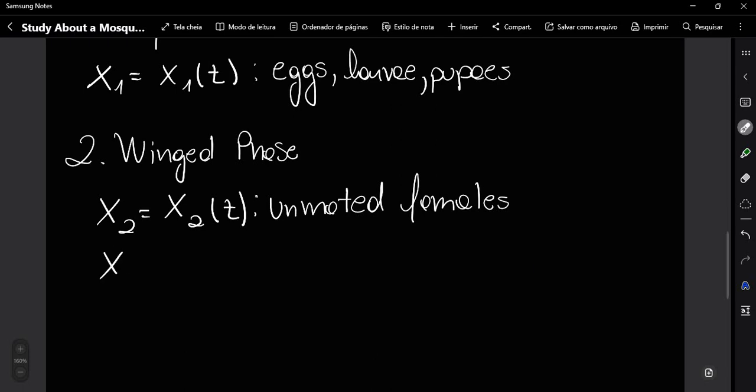And x3, equal to x3 of t, is the density of individuals of the mosquito population of fertilized females.